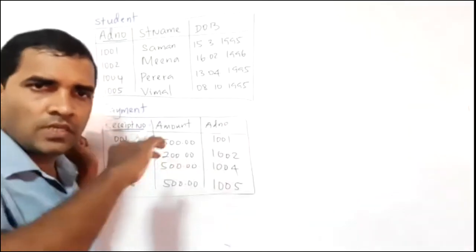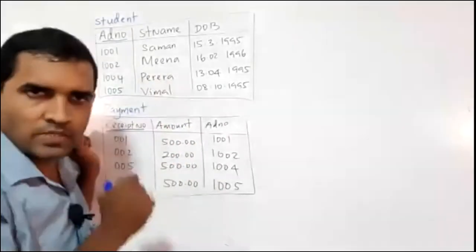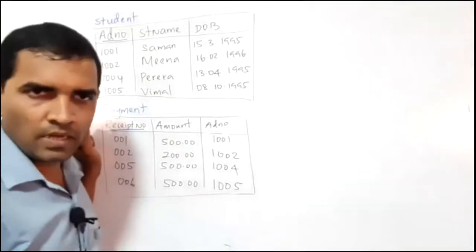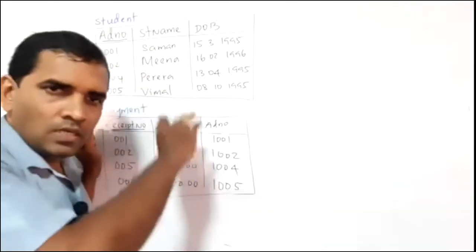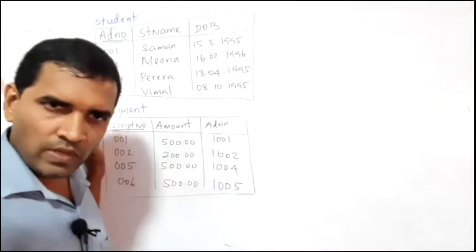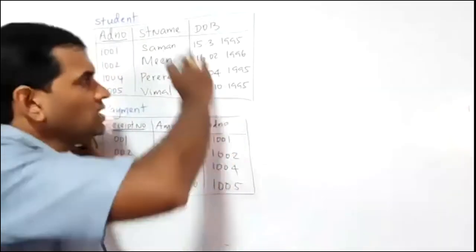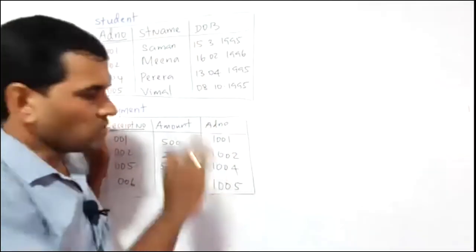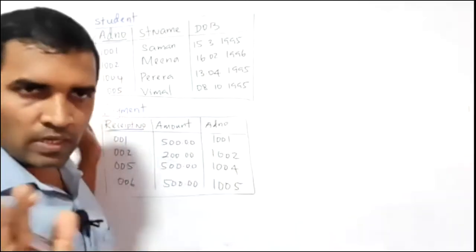As we discussed earlier, this table may have hundreds of records, and this table also has hundreds of records. But since you are learning one-to-one for the very first time, let me take only these 4 records in the first table, and here also only 4 records.